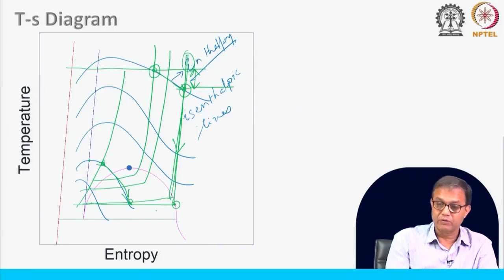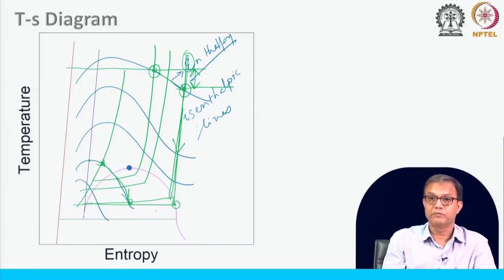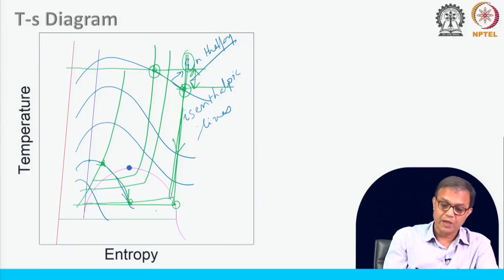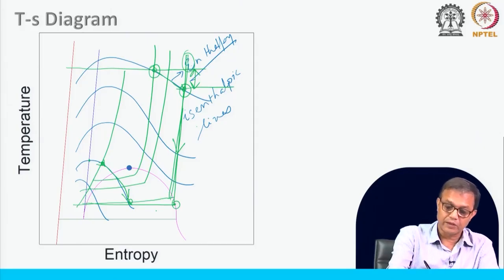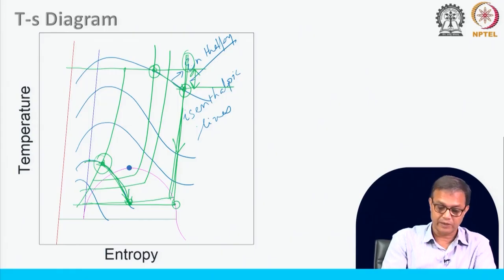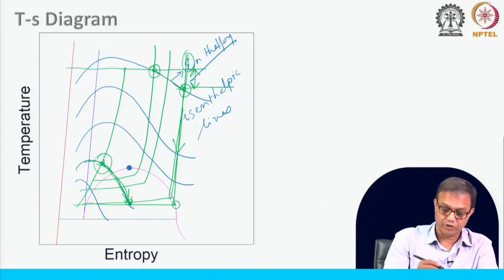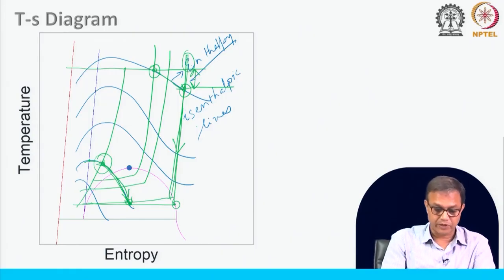But we need to have a refrigerator to produce that kind of temperature. Otherwise, there are other liquefaction cycles, we will talk about them later on, and in that process we will find that we are expanding the gas from here to here, and we follow an isenthalpic line from this point to this point. So, this information will be necessary.